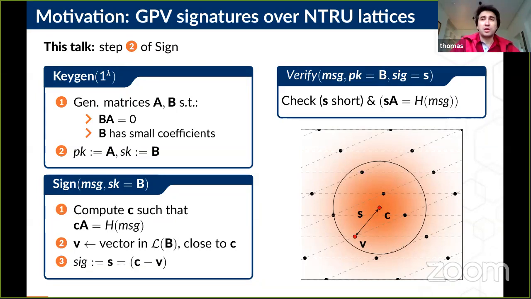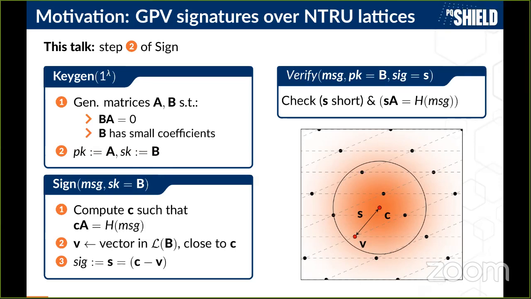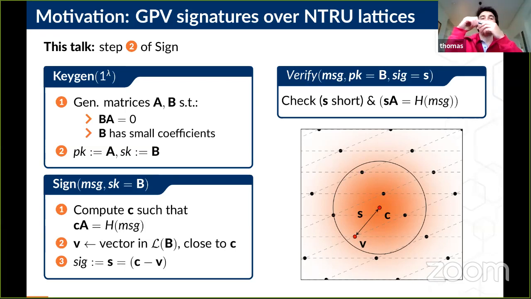As a small reminder, GPV signatures are hash-and-sign signatures over lattices introduced by Gentry, Peikert, and Vaikuntanathan. There is also a twist by Micciancio and Peikert, but I'm not going to talk about this version.